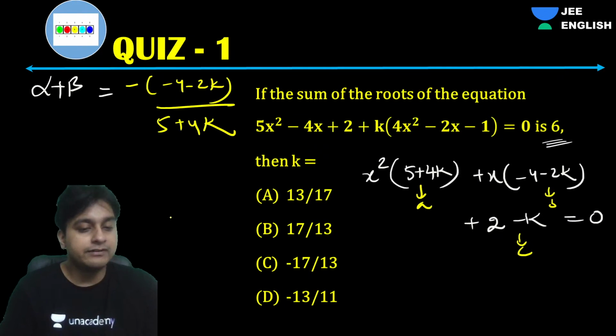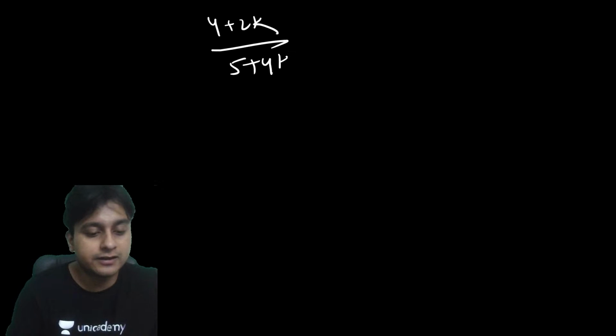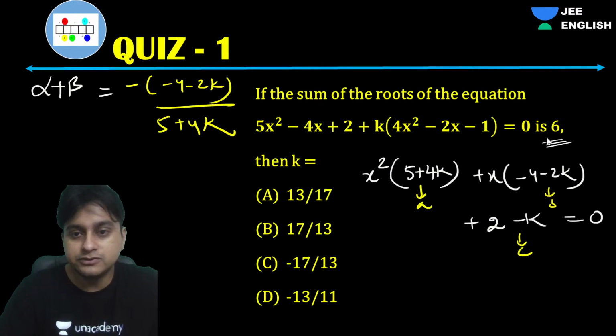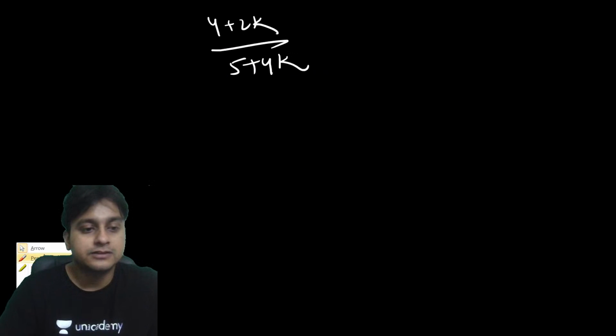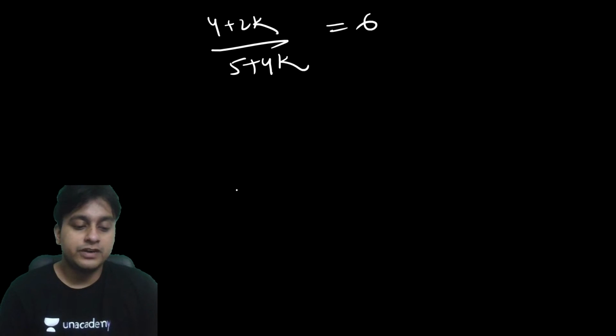If you multiply with the minus, we will be getting 4 plus 2k by 5 plus 4k equals 6. This is given as 6.